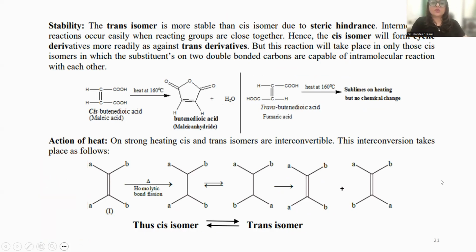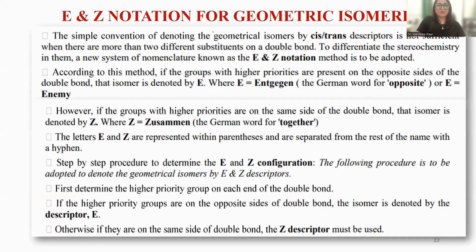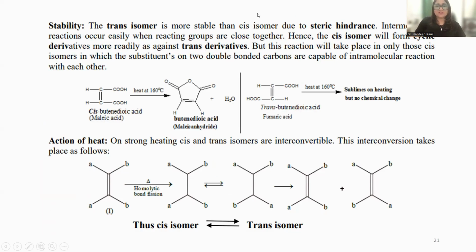Okay, so we were talking about the methods used to differentiate between cis and trans. Here, stability: trans isomers, we have already said, are more stable than cis isomers due to steric hindrance, and they cannot rotate around the double bond.